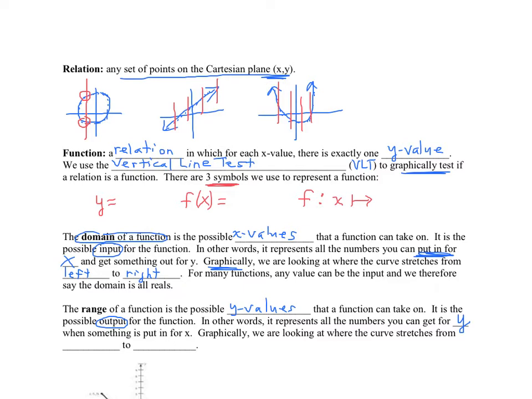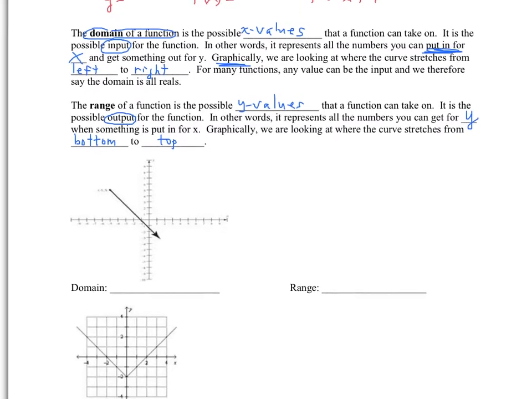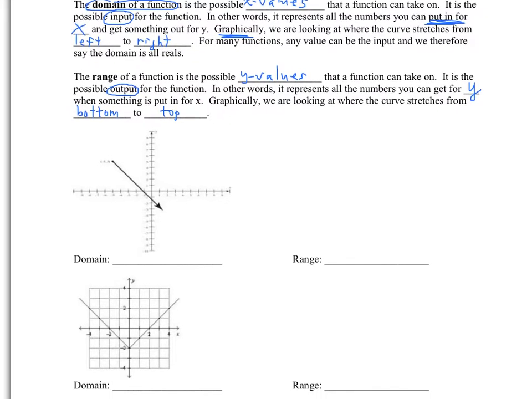Now graphically, if we're looking at a curve, if we're trying to find our range, we're looking for where the curve stretches from the bottom to the top. Since the y-axis is vertical, it should make sense to you that if we're trying to find range, we're looking at from where it stretches from the bottom to the top.